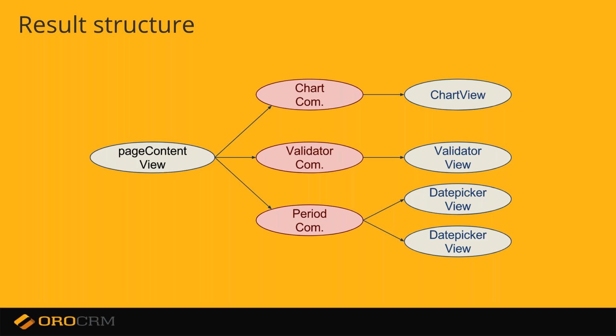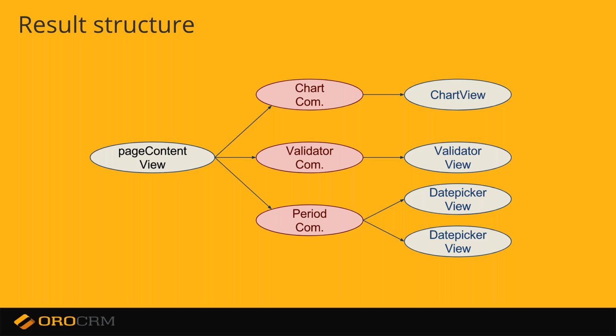Please note, despite the fact that in HTML the DOM elements of the period component are nested inside the validation component element, the components are not nested. They are on the same level and belong to the page content view.